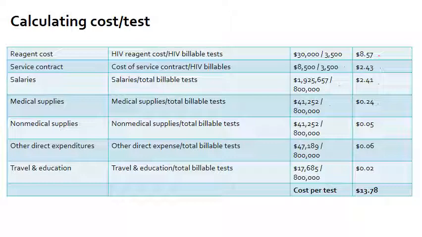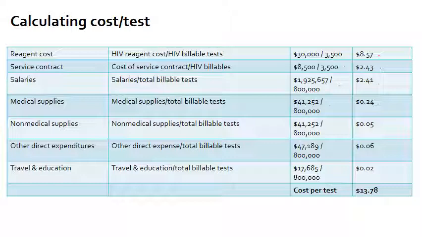But just to go on, whatever the math was, they get 5 cents from that. Then other direct expenditures, and these would be things like your lab accreditation, the other expenditures that are required, training for the test, anything that's required for the lab to run.